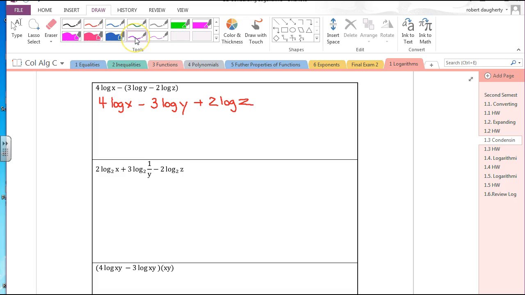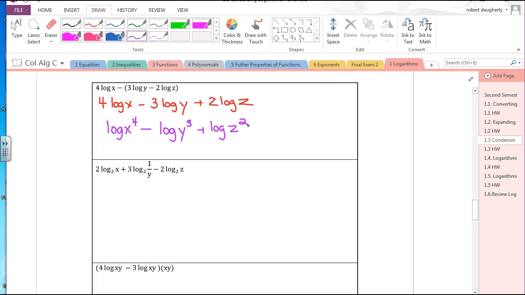So this first one can be written as the log of what? X to the 4th minus what? The log of what? Y cubed, and then plus log of z squared.